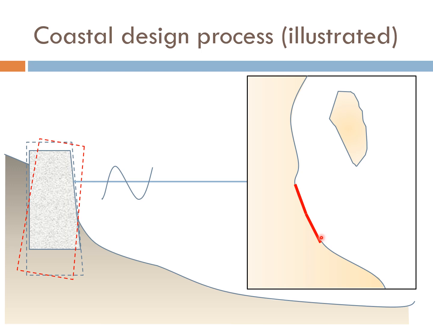In order to do that, we will have to look at what is the coastal climate in this region. That will involve getting the information on the wind, the wave, the tide, and the current, whereby on-site measurement may be required.